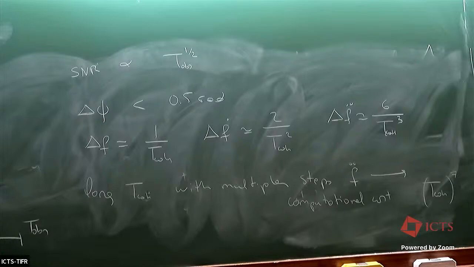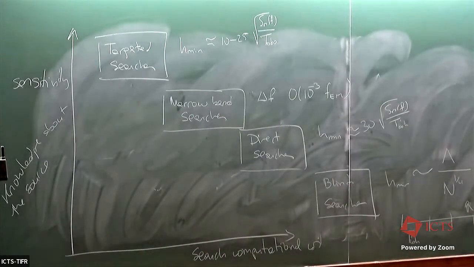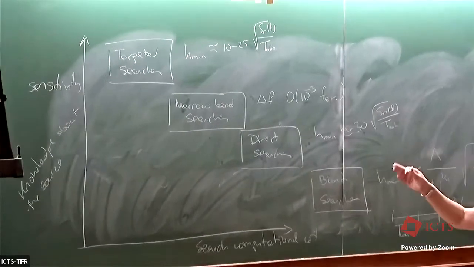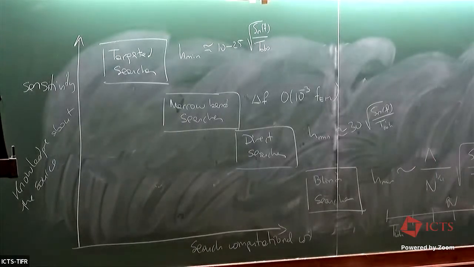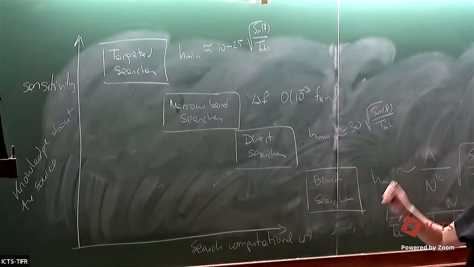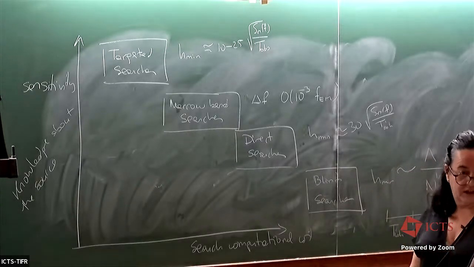Regarding coherent methods, as I said, I can use this one that I just described, the time domain Bayesian search. I could use F-statistics.